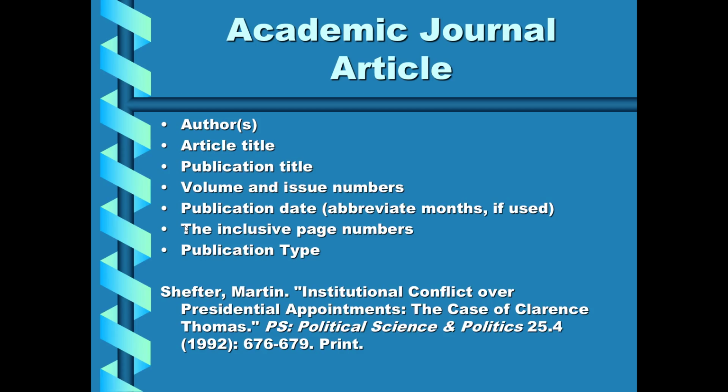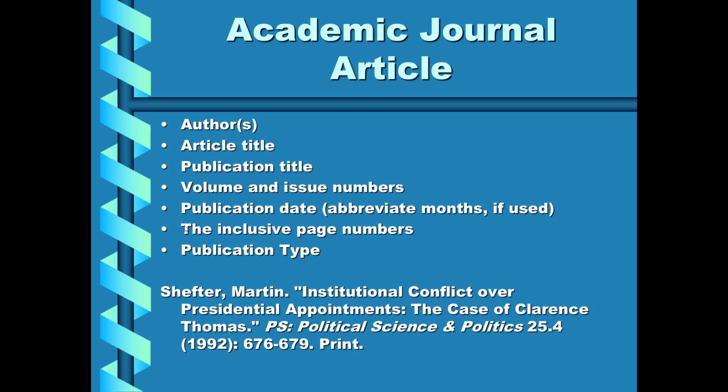The volume number is always going to go to the left of that period, and the issue number is going to go to the right of the period, because in MLA, it's always volume number before issue number. And notice that in MLA, there's no need to use the abbreviation Vol. for volume when you're just citing a journal article, or No. for issue. You just put it all in number form.